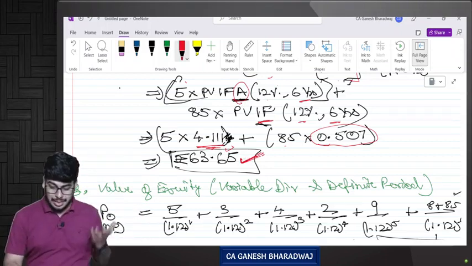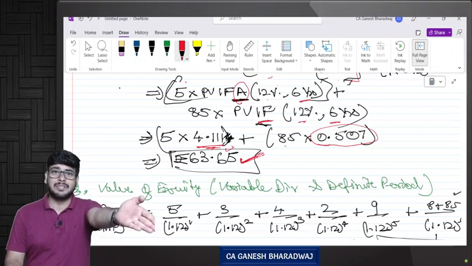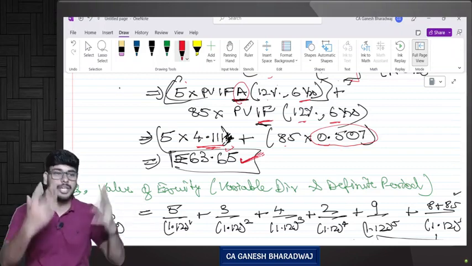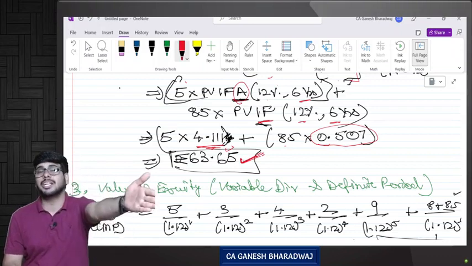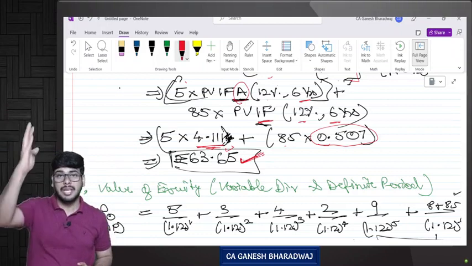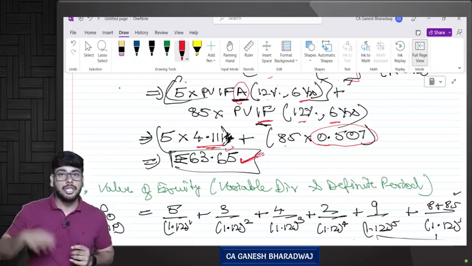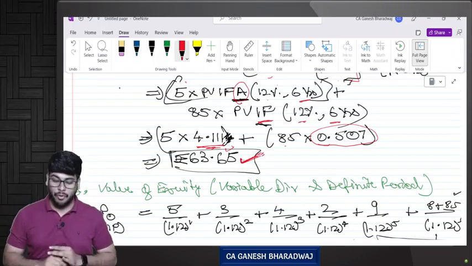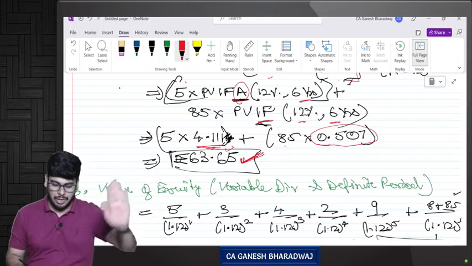I am willing to pay 63.65, but in the market it is only quoting at 60 rupees. Immediately you will go and buy, because the value that you attach is 63.65. If the market values it at 67 or 70 rupees, you will say it is overvalued, and you will wait for the market price to fall to your attached value. Are you clear with this?